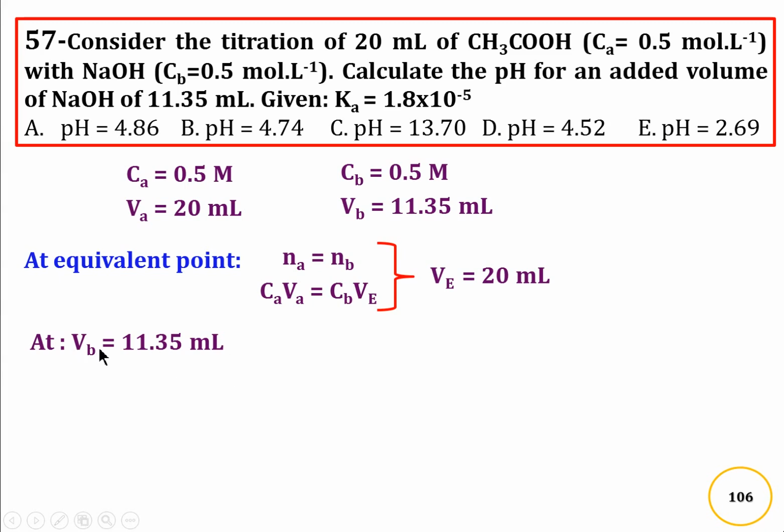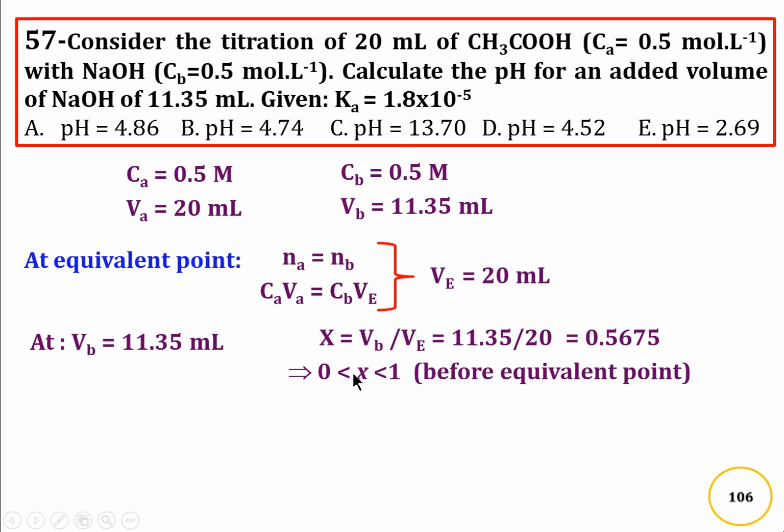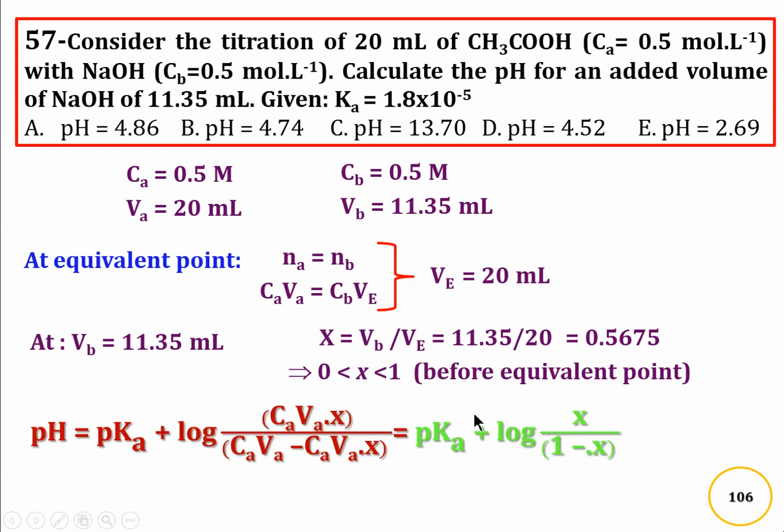At VB equal to 11.35, we are before the equivalence. So X is between 0 and 1, and we know that X is equal to the volume of the base added divided by the volume at equivalence. So X equals 11.35, which is the volume added, divided by the volume of the base at equivalence, 20. So X equals 0.5675. We return to the relation found previously.